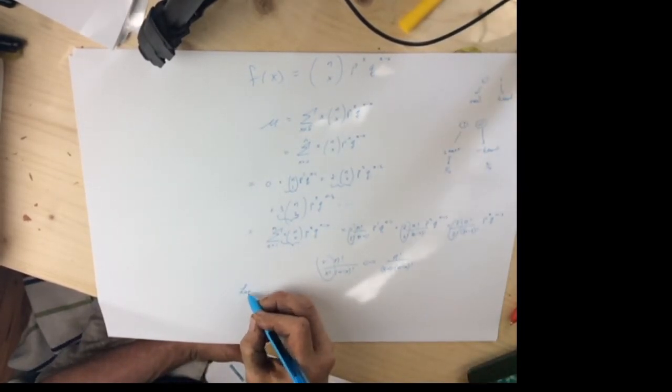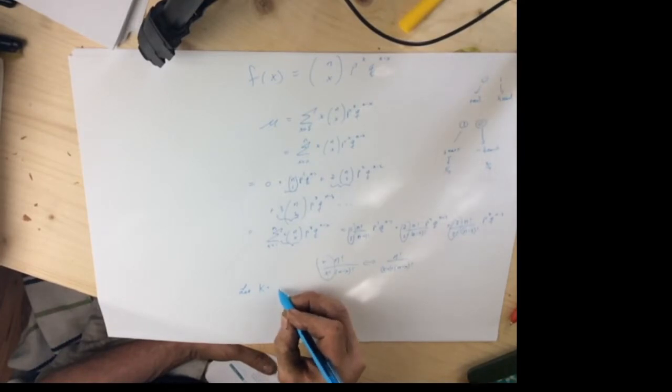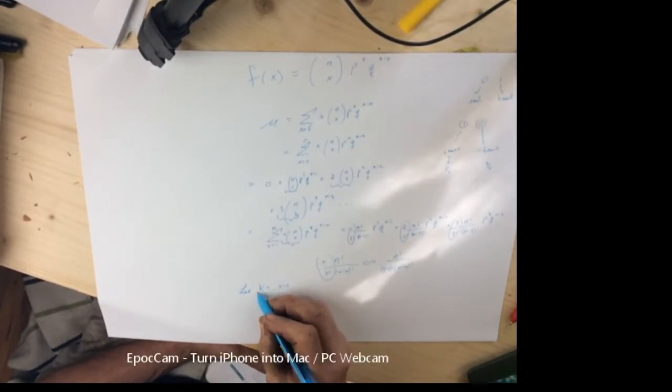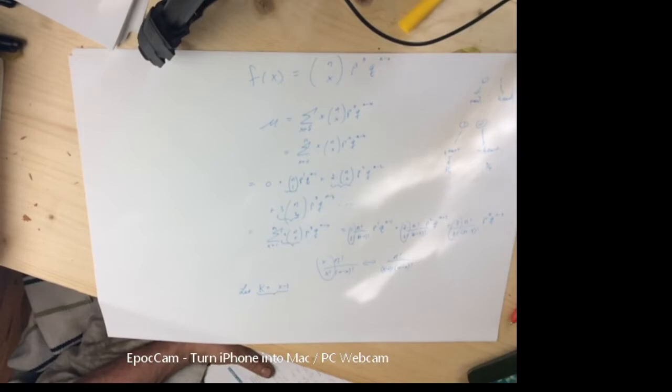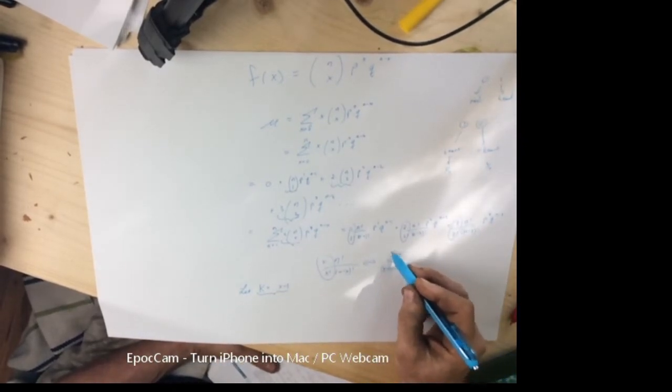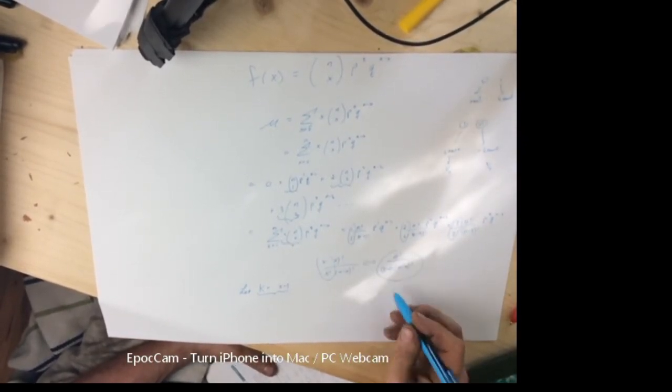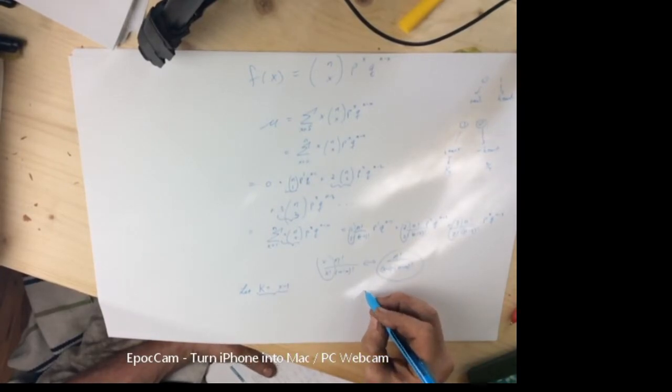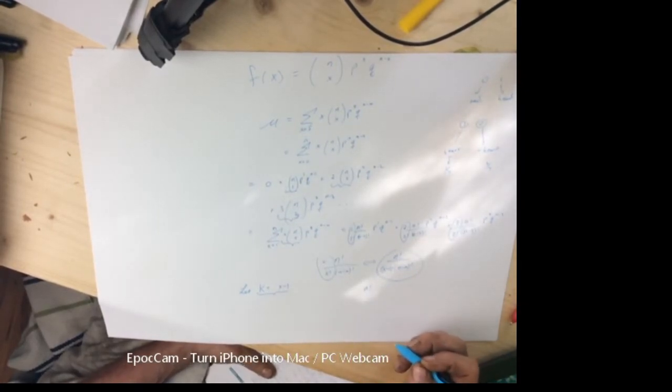I'm going to say let k equal x minus 1. Okay? If I do that, then every term that I've been simplifying here looks a little bit different. We still have the n factorial in the top.